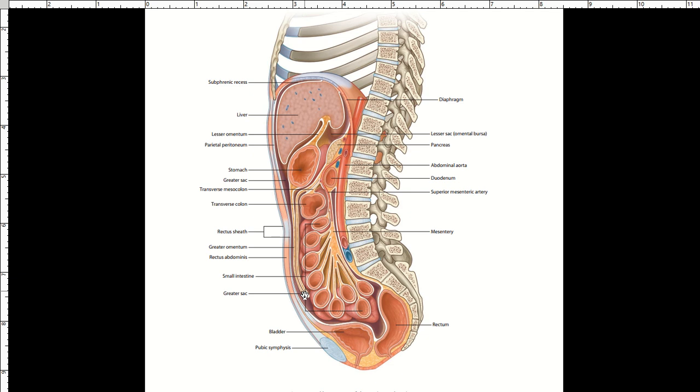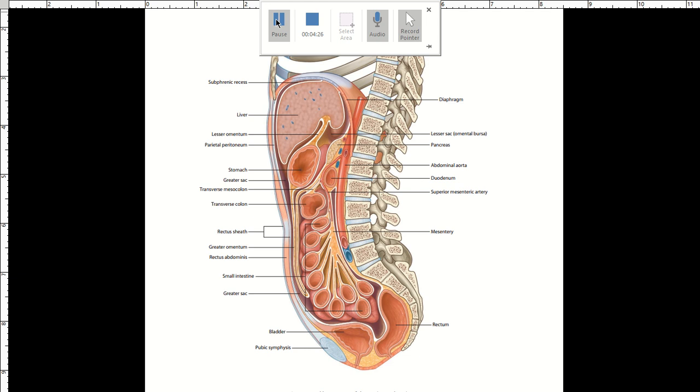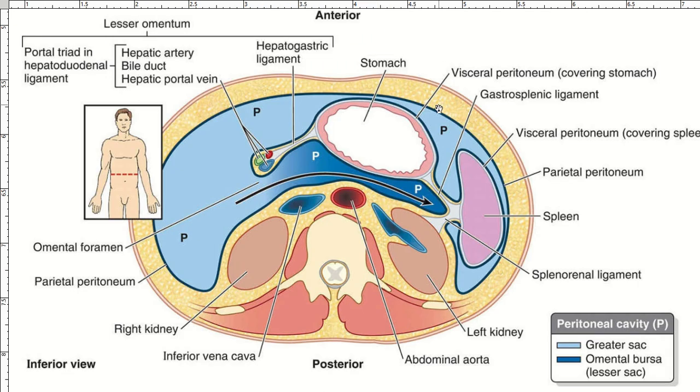So let's take a look at the greater and the lesser sac for a minute. This area, in this light bluish color, that's your greater sac. And this area with a deep blue, that's your lesser sac.